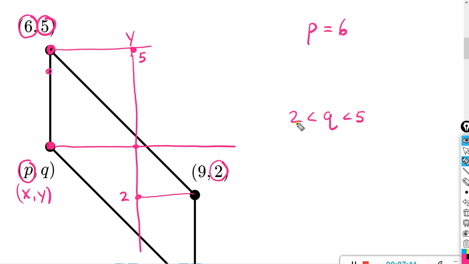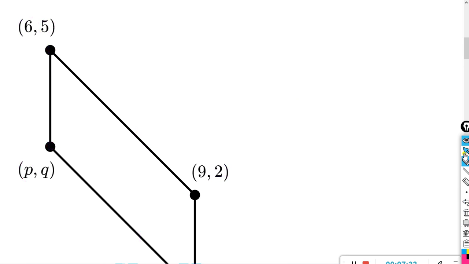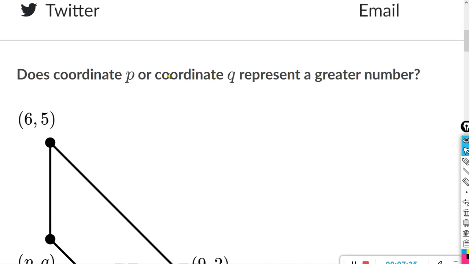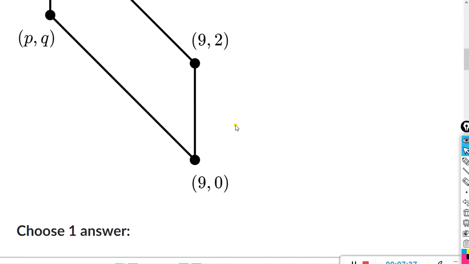So we don't really need to know exactly what Q is. We just know that Q is greater than 2 and less than 5. And we said that P equals 6. So Q is definitely going to be less than P. So P is greater than Q. And that's what they ask. Which one is the greater number? That's clearly P.